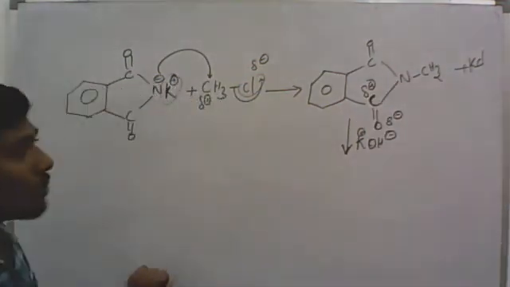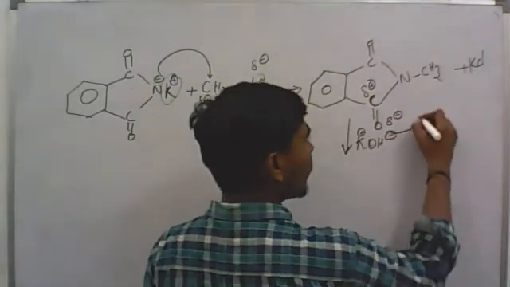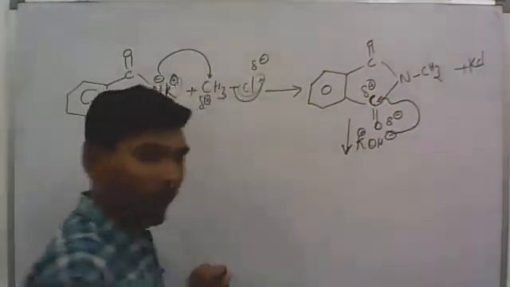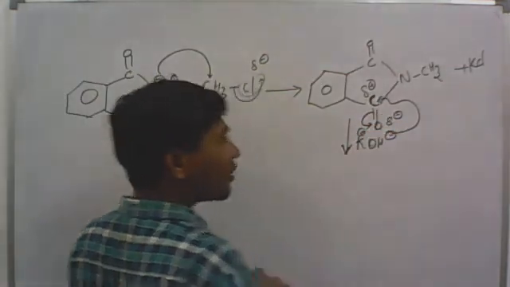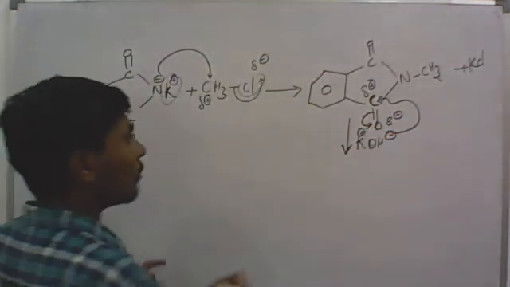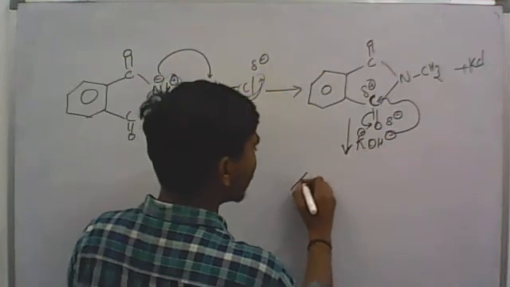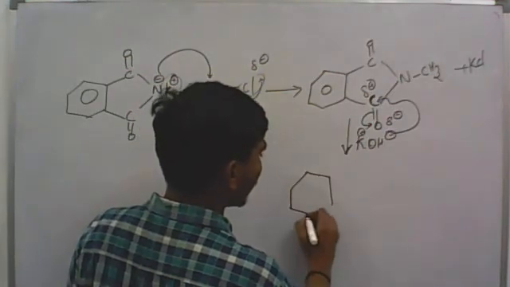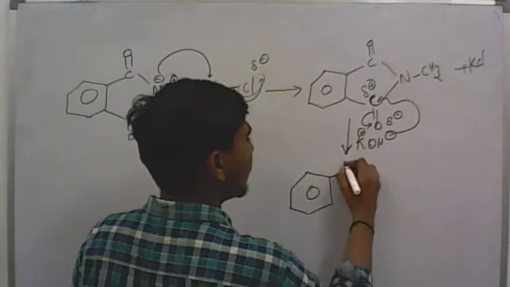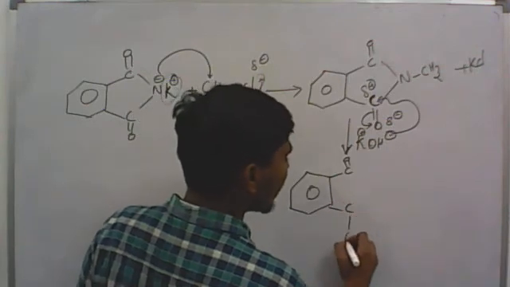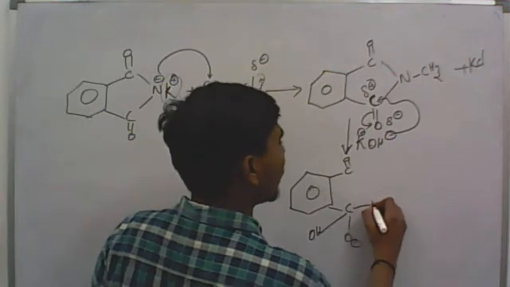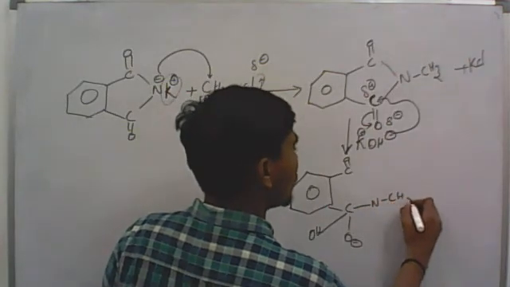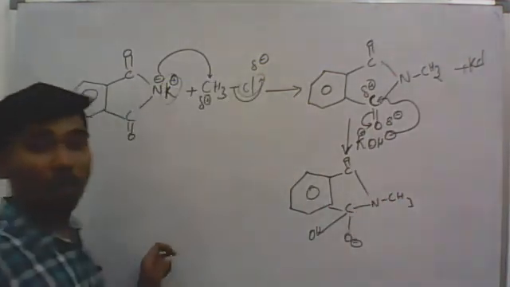So the OH minus is going to attack the carbon. Now the double bond leaves. Then we get a structure like this: C double bond O, C single bond O, OH, minus, and N CH3.